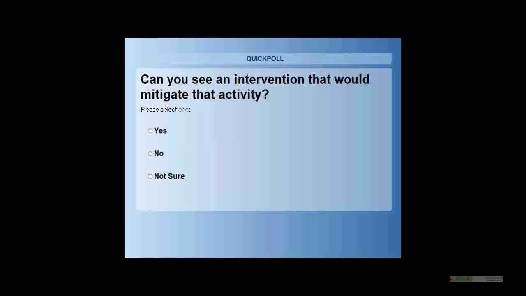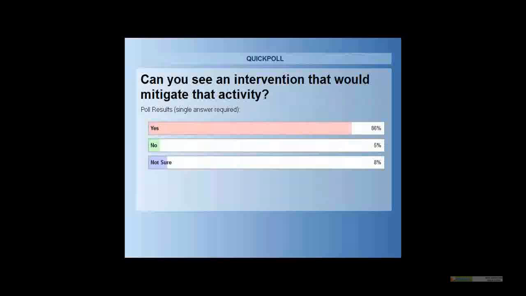Okay, let's share the results. Well, 86% said they could find a solution, Joe. They could see an intervention that would mitigate that activity. 5% said no, and 8% weren't sure. So not quite as high a number as those who could find the opportunities. All right, turning it back to you.